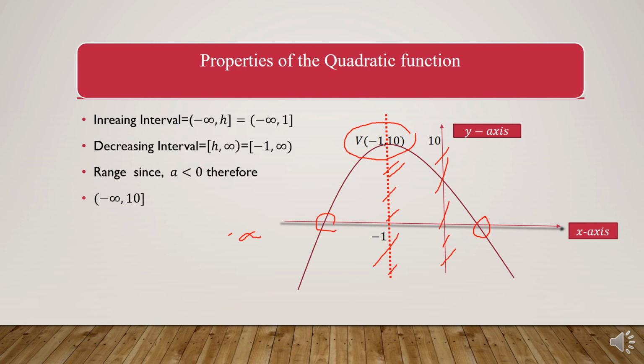From minus infinity to minus 1 is an increasing interval, and from minus 1 to positive infinity it is a decreasing interval.